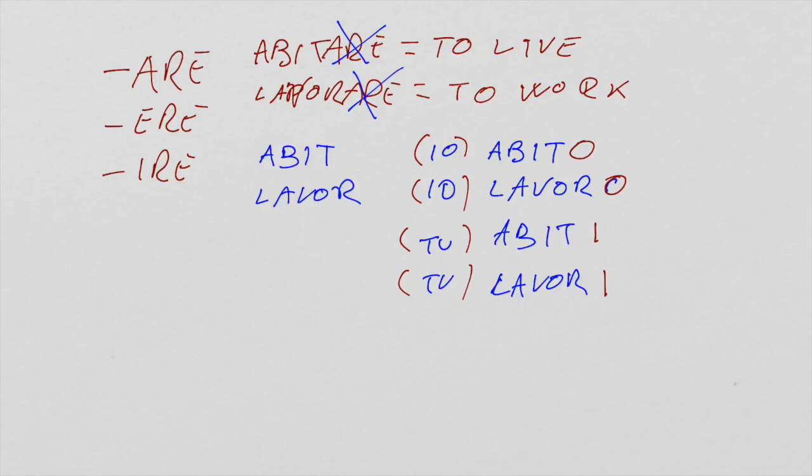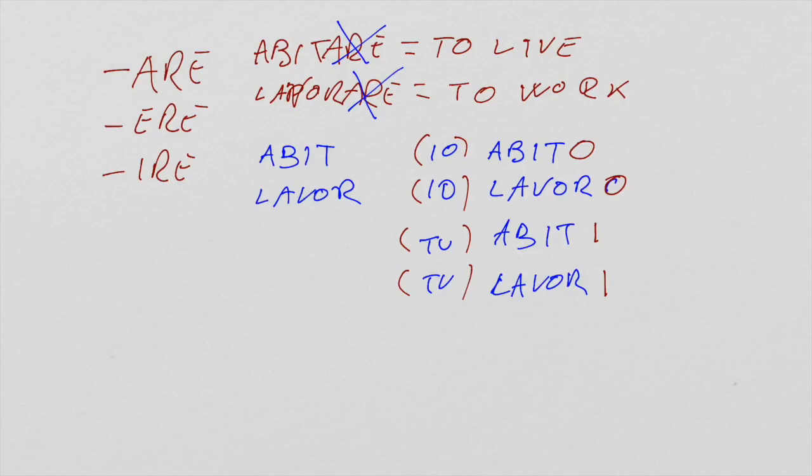Now, you understand why in Italian it's easy to omit the subject. Because in English you have only one form. You say, I live and you live. So to understand, you have to keep the subject I or you, because the form live is exactly the same for both.